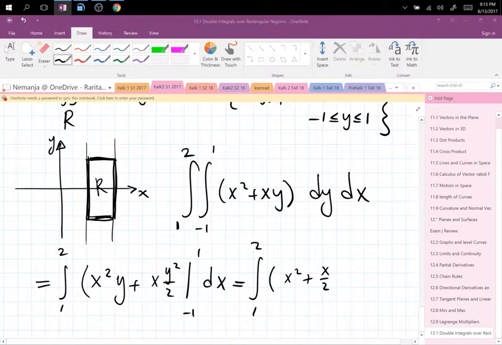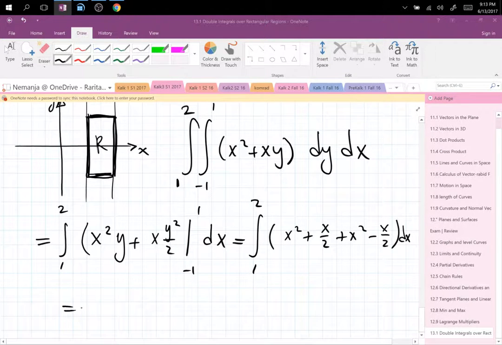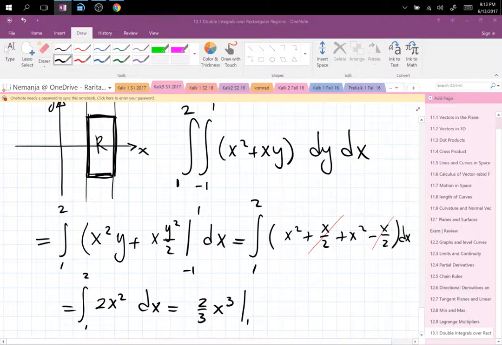Now plug in -1, and remember that we are subtracting, so plus another x squared and minus x over 2. So now we are left with 2x squared, which is 2/3 x cubed from 1 to 2. That's 2/3, 8 minus 1, so 14/3, if I calculated all this correctly.